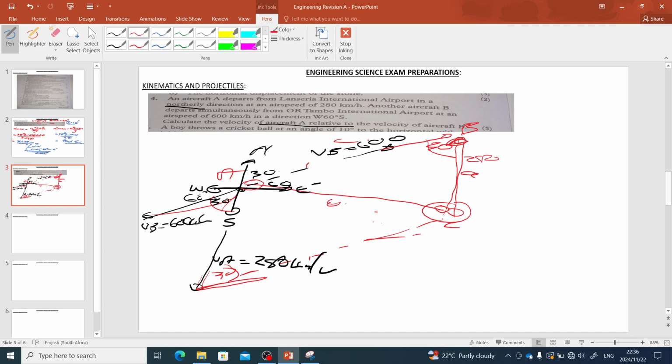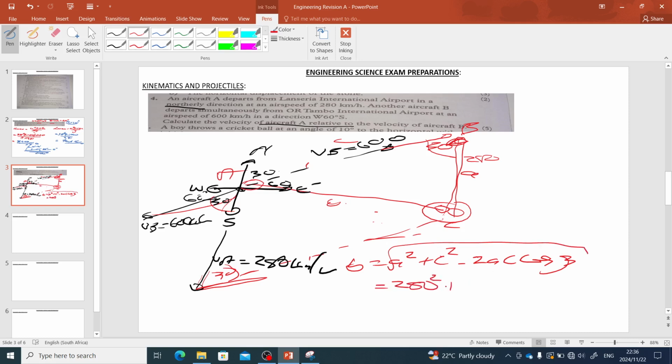We'll then be using the cosine rule to determine our resultant. We are having b equals the square root of a squared plus c squared minus 2ac cos beta. We have already established this angle, it is 30. Then it will be our a, it is 280 squared plus 600 squared minus 2 times 280 times 600 times cos 30, all square root.